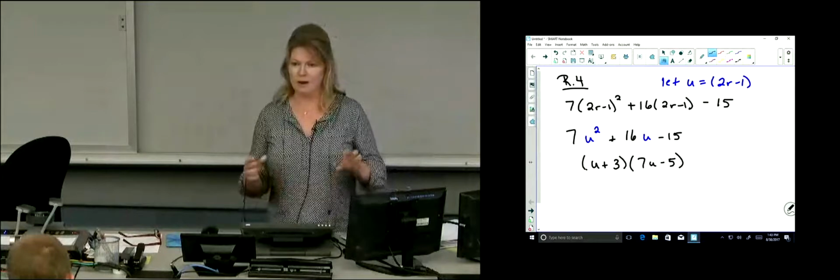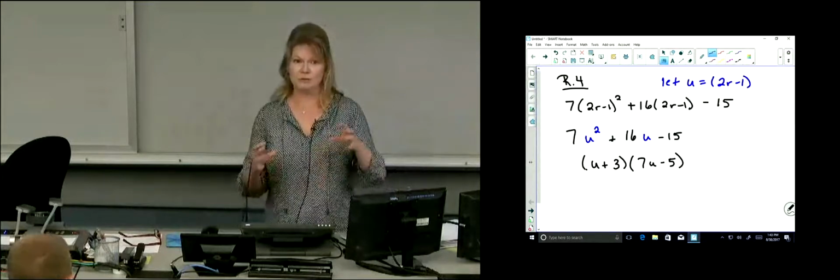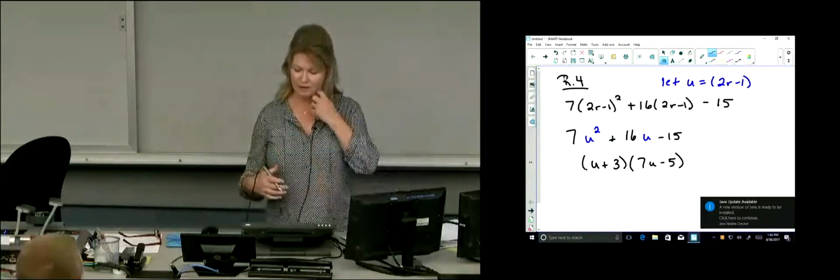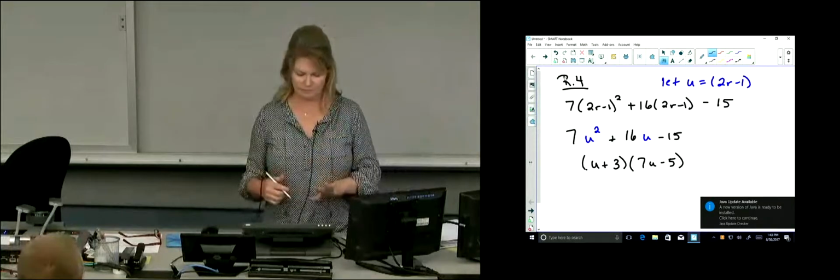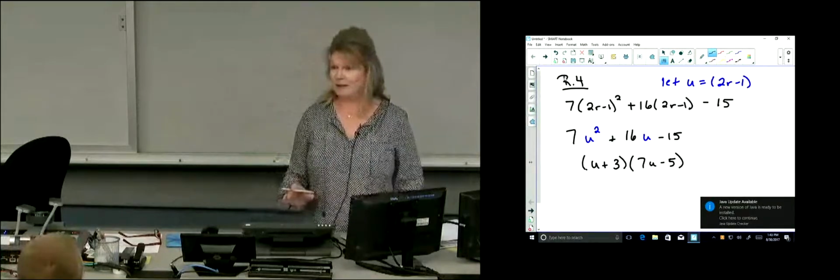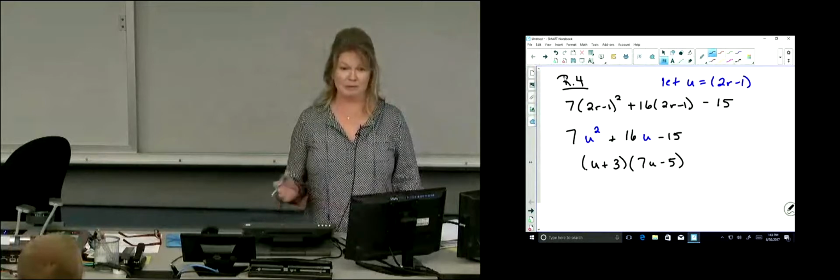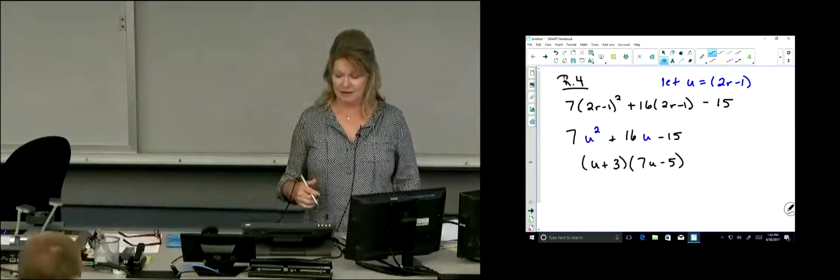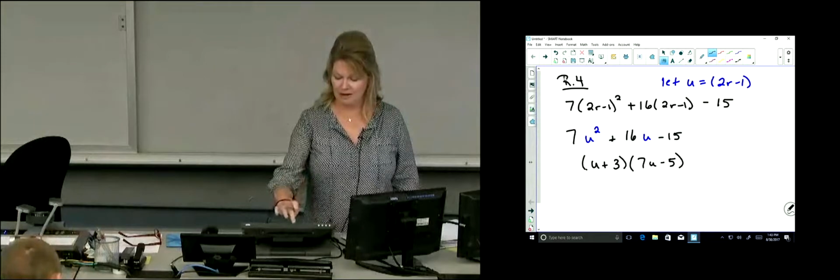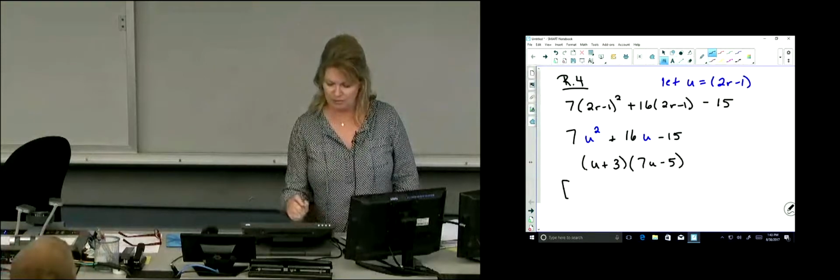Remember, I rewrote the middle term as 2 terms, did grouping, and factored out what I could. This would be my answer, except it has U's, and my original problem had X's. So I have to go back, and in the place of every U, put in 2r minus 1.